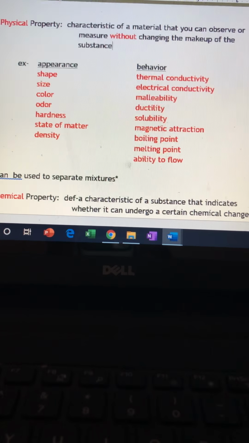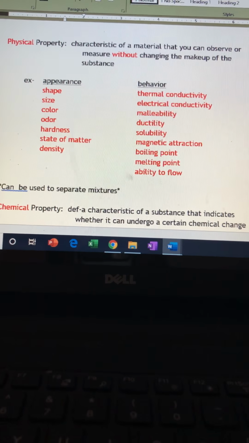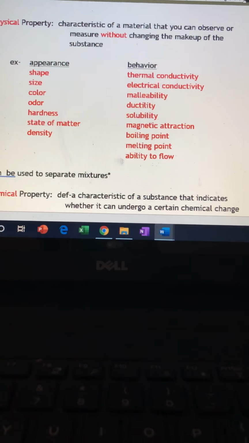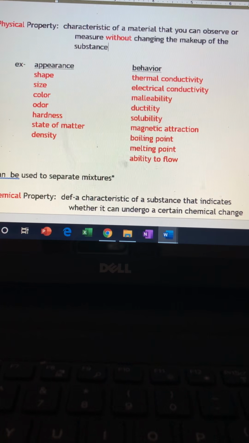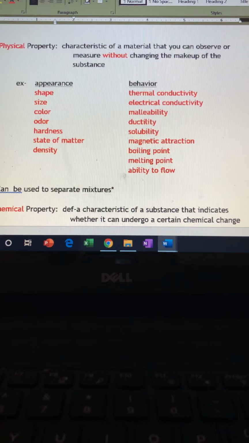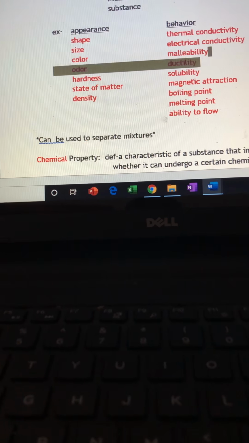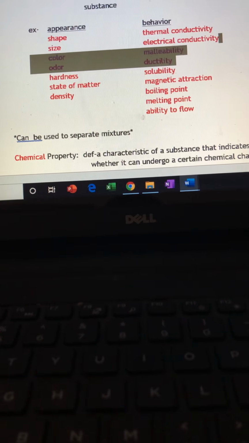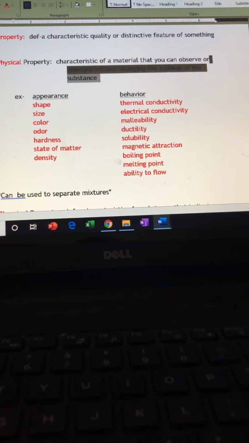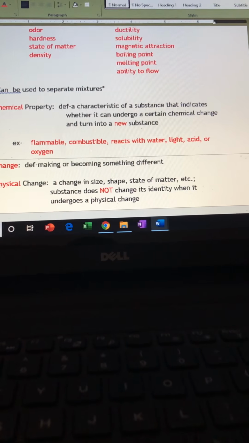All right, so if we look at then chemical properties, if I can get my computer here to scroll down. Chemical properties are a characteristic of a substance that indicates whether it can undergo a certain chemical change and turn into a new substance.